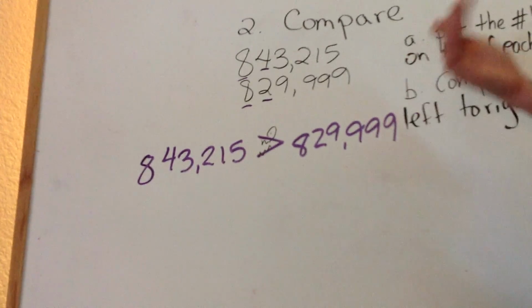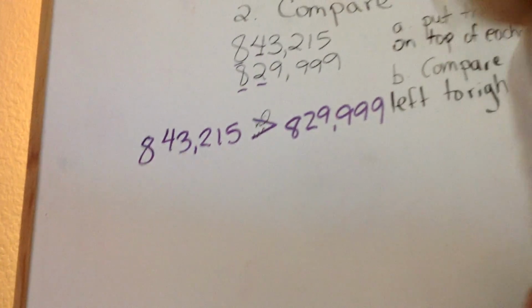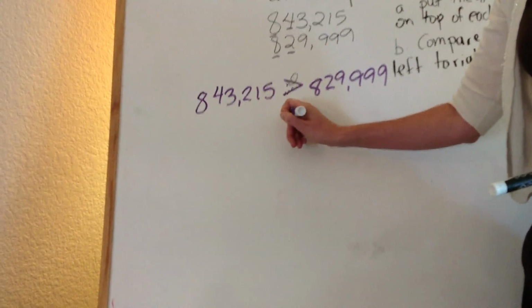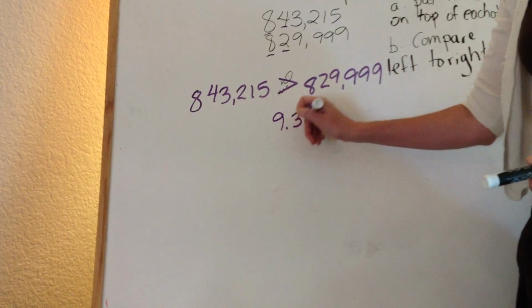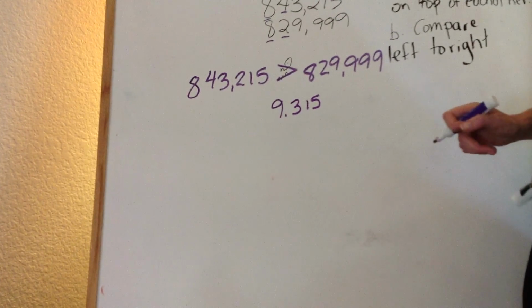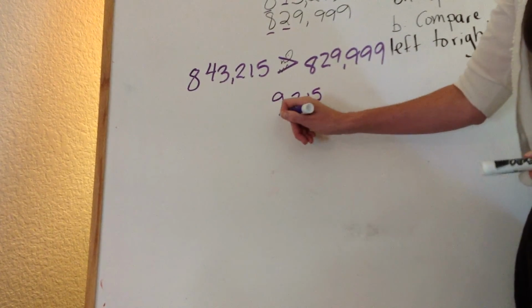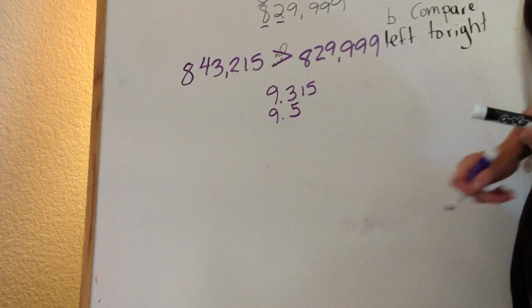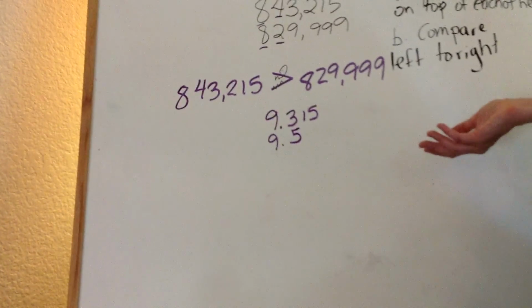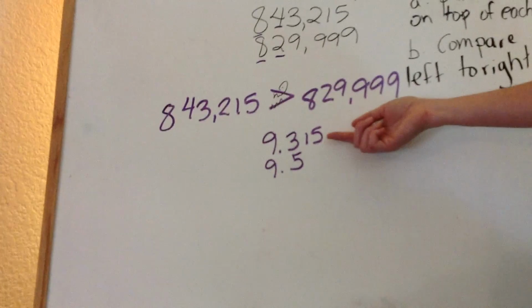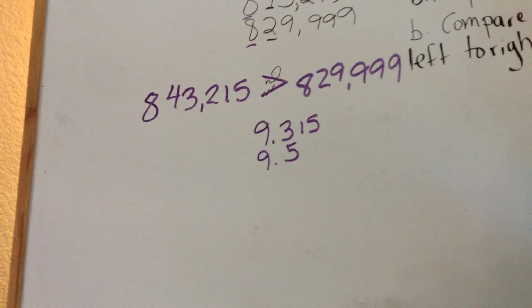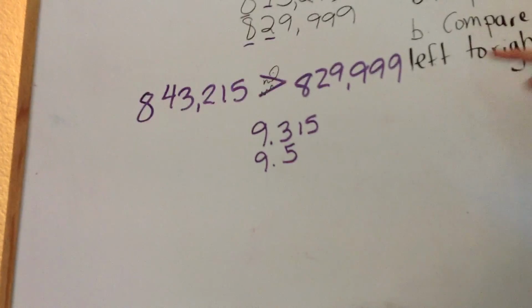This time we're going to use some decimals. Here's our second example. I'm going to put 9 and 315 thousandths. And then I'm going to put 9 and 5 tenths. Sometimes children don't know which one's bigger. They think that this one might be bigger, but let's check. We put them on top of each other, and now we need to compare going left to right.